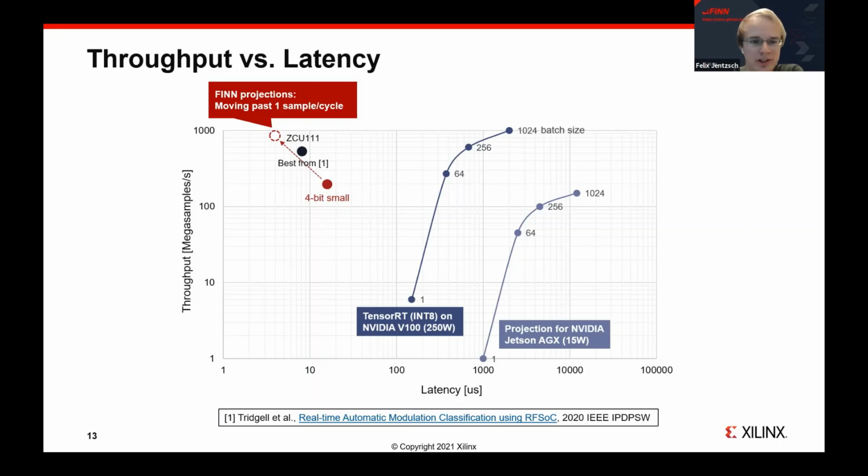And we also did a projection based on those numbers for the top-of-the-line Jetson embedded GPU, which is more comparable in terms of power draw to boards like the ZC111. Now, since these networks are running in 8-bit, you can expect a higher accuracy from them, of course, but you can also see right away that even for the really big GPU, there's a significant latency disadvantage.